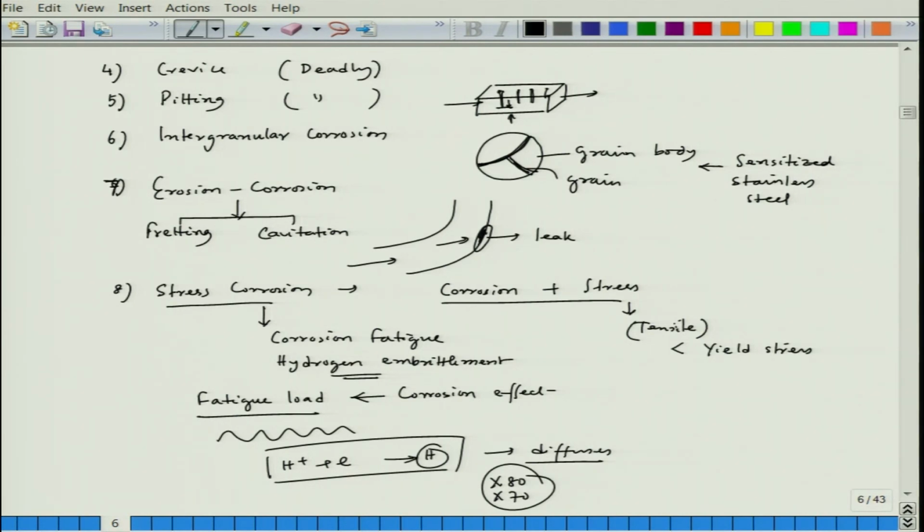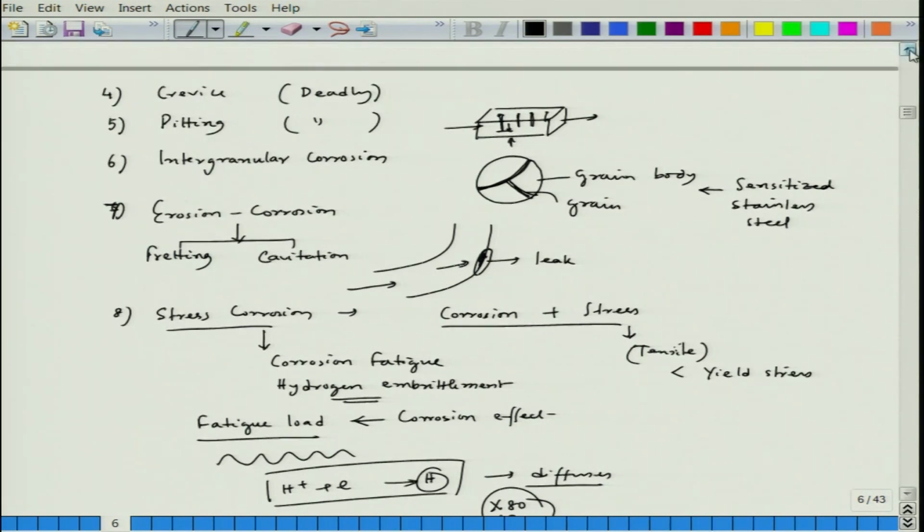So, you have to test its hydrogen embrittlement behavior in order to prevent oil leakage, because hydrogen embrittlement can lead to breaking of the pipeline, and once the pipeline breaks, oil spills out. So, you have to be very careful in that stress corrosion part. We have to concentrate on how it happens, and those things will be discussed in greater detail.